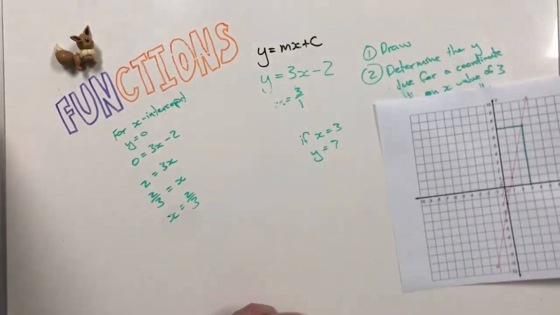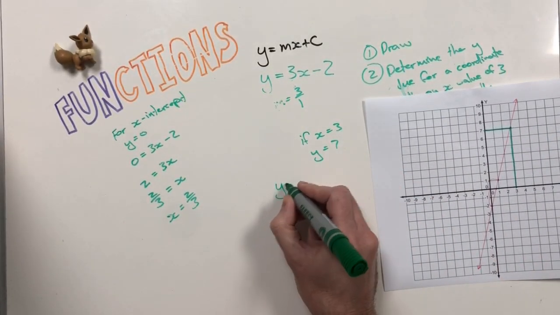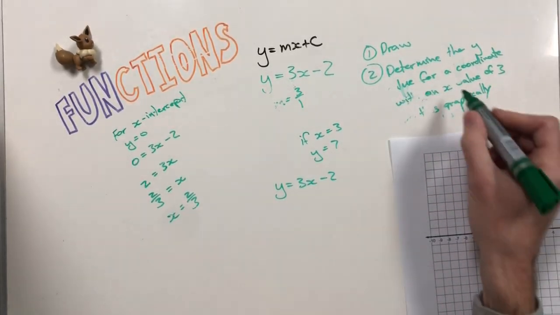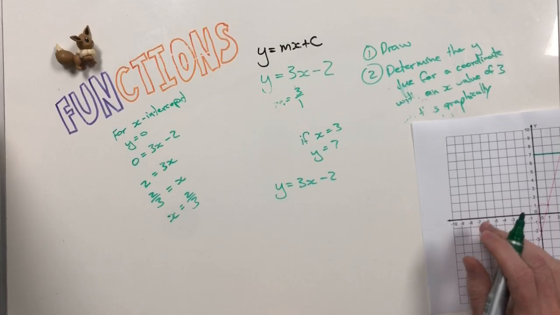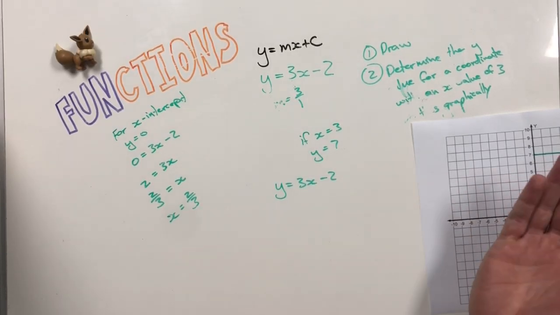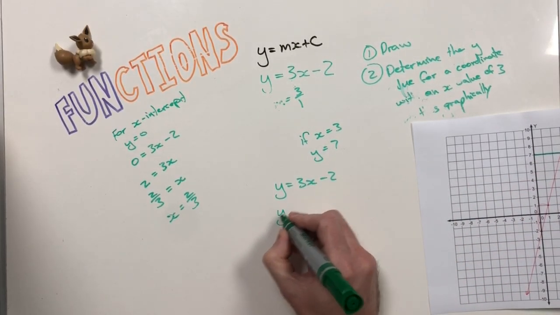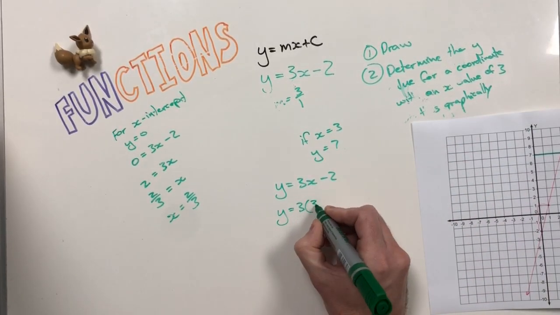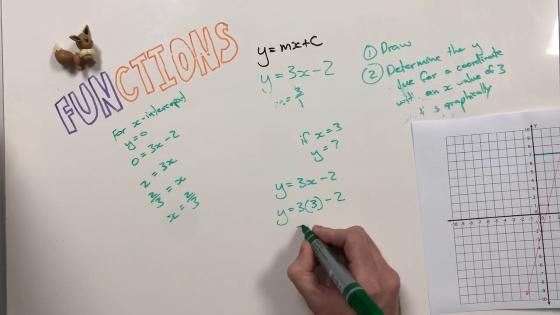So if I use this, y is 3x minus 2, and they didn't ask it graphically, they just wanted the y value where the x value is 3, then I could have just input an x value of 3 here and taken 2 off.